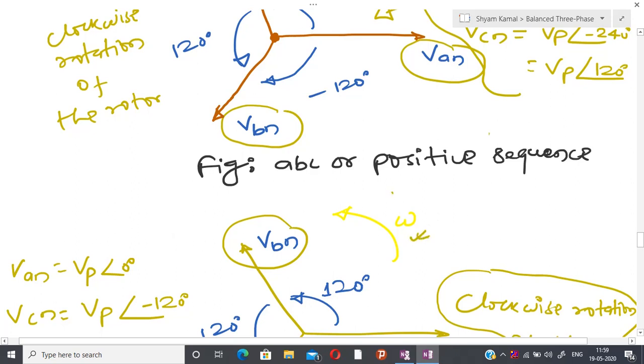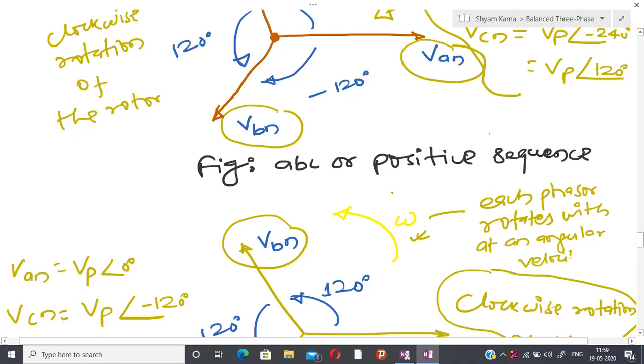This is basically just telling that each phasor rotates at an angular velocity omega.